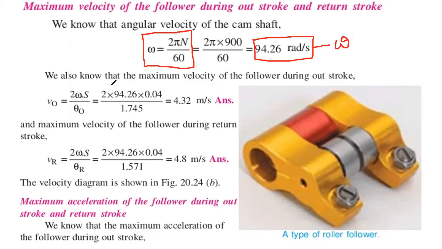Then we are going to find the maximum velocity of the follower during the outstroke.